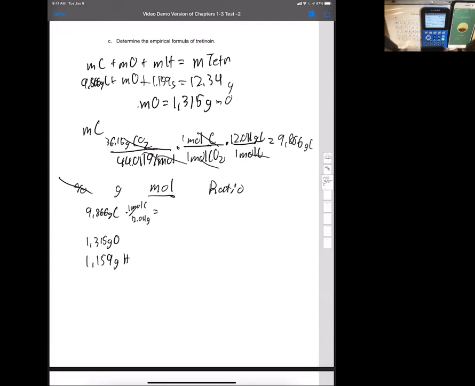Mass over molar mass equals moles. How many moles? 9.66 divided by 12, about 0.8 moles. Again, sorry, units are very, very important.